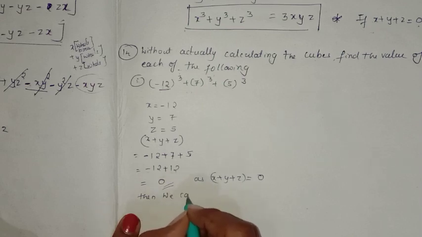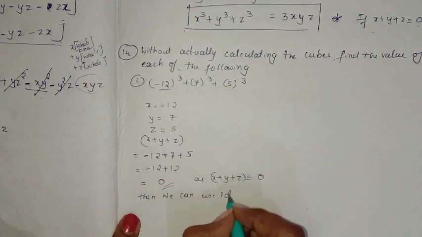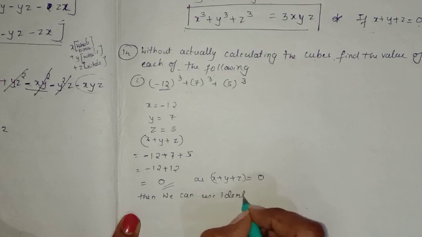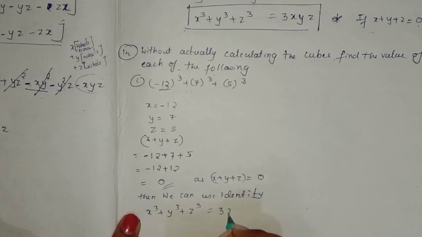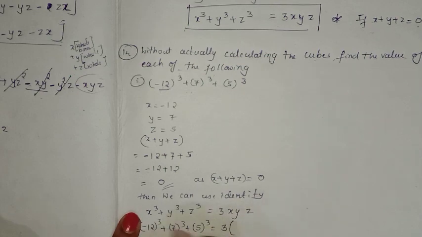We can use the identity, which one? That is x cube plus y cube plus z cube is equal to 3xyz. So x cube means minus 12 cube, plus y cube means 7 cube, plus 5 cube, which is equal to 3 times x, which is minus 12, y, which is 7, and z, which is 5.